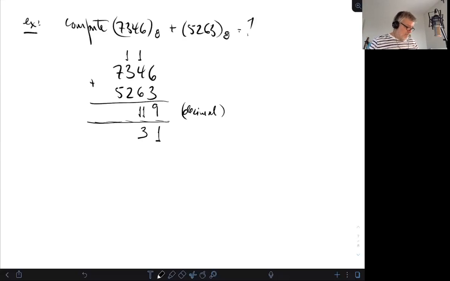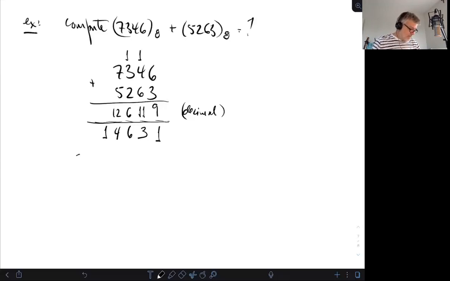3, 2, and 1 is 6, which is just 6 in octal. 7 and 5 is 12 decimal, which is 8 plus 4. So that's 4 and a carry of 1. Okay? So I have this intermediate decimal step, which makes it easier for me to write down.